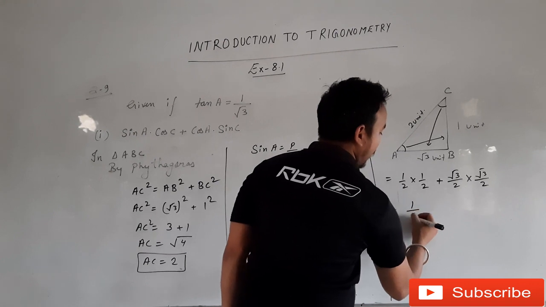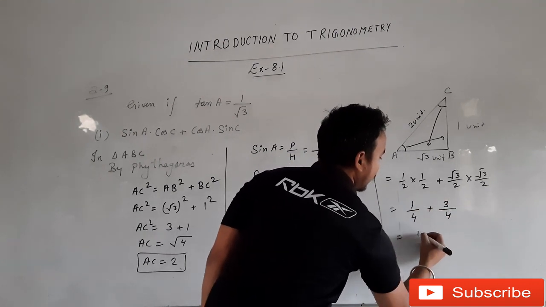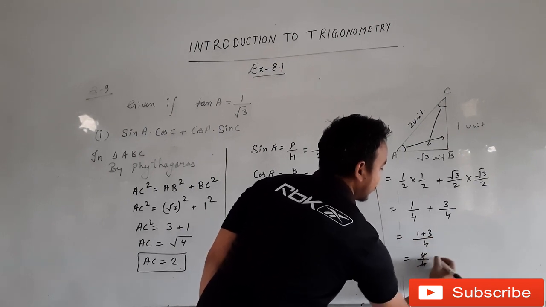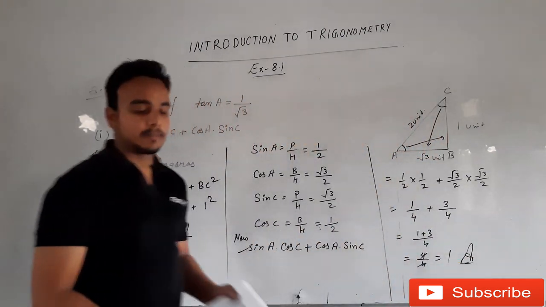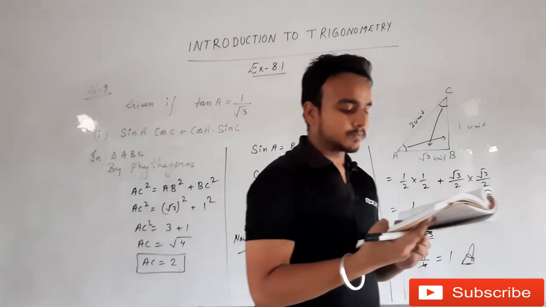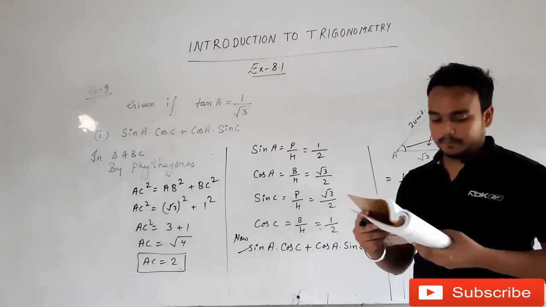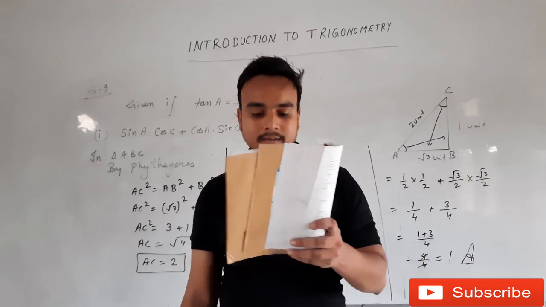This will be 1 by 4 plus 3 by 4. 1 plus 3 by 4 means 4 by 4, which is 1. In a very similar manner, you can solve the second part of this question. Okay, going to the next question.